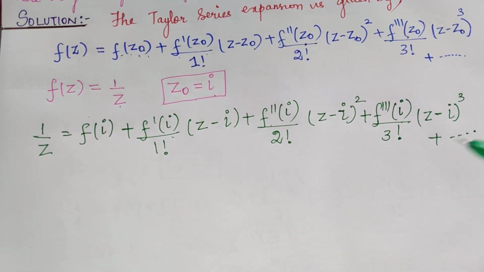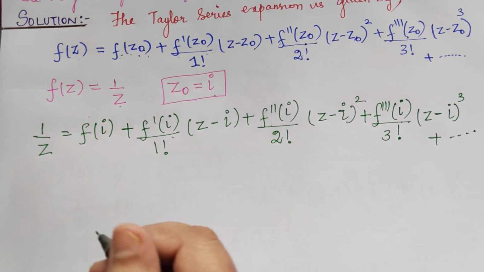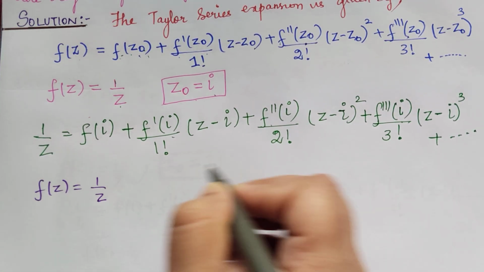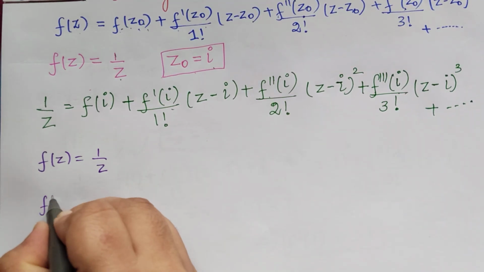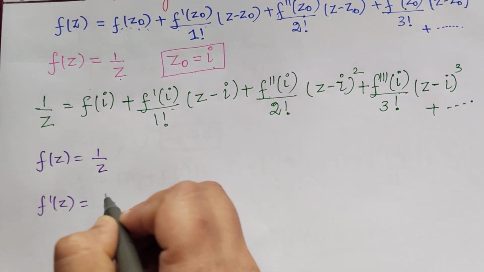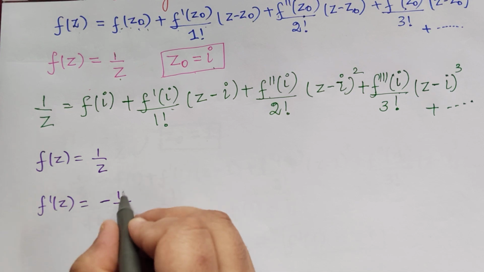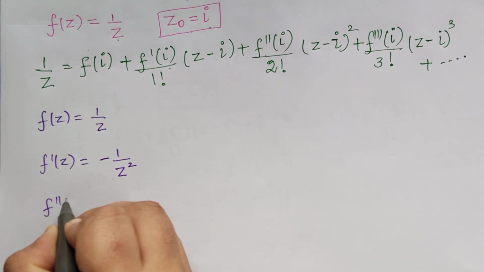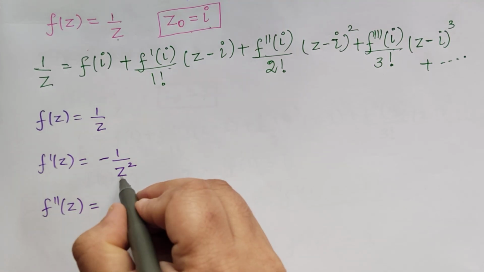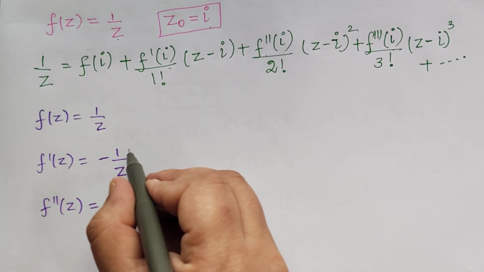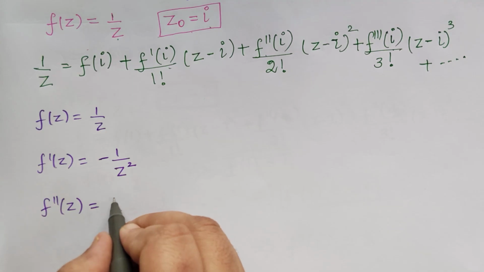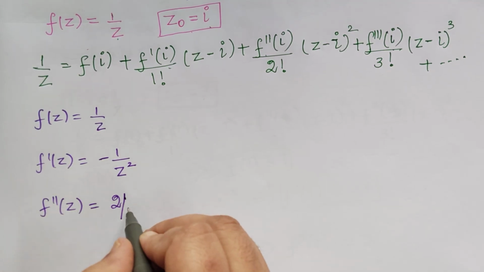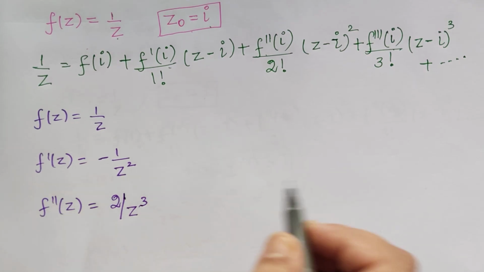For that, first we write f of z is equal to 1 by z. From this we find f dash of z, which is the differentiation of 1 by z, and we know that it is minus 1 by z square. Next, f double dash of z: this will be raised to the power minus 2, and minus into minus becomes plus, so 2 z power minus 3, that is 2 divided by z to the power 3.